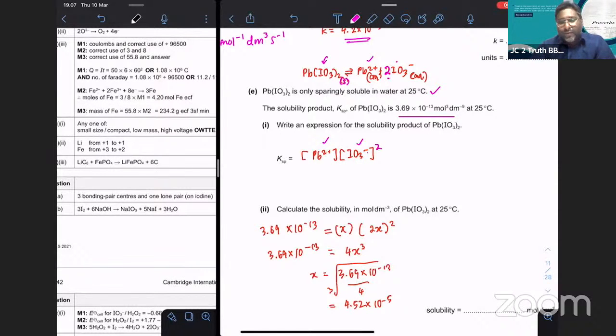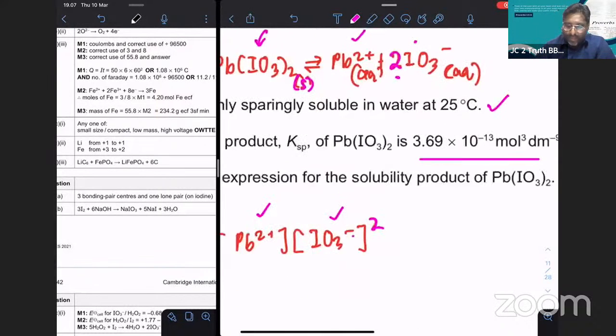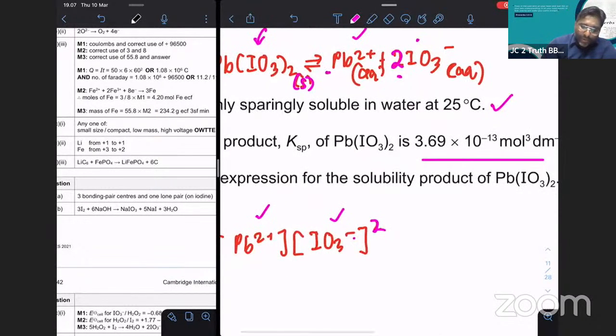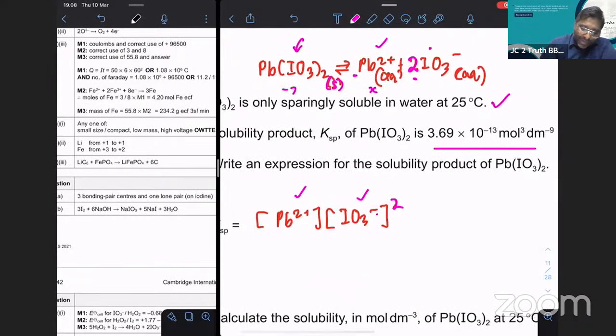Now calculate the solubility. For solubility, if it is 1 mole, then we say x. Let's say 1 mole is x. Whatever mole is minus x for the reactant, and then the other is double that, 2x. That is solubility, so we will use the term x.